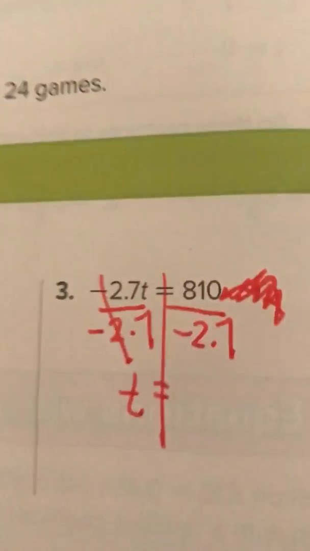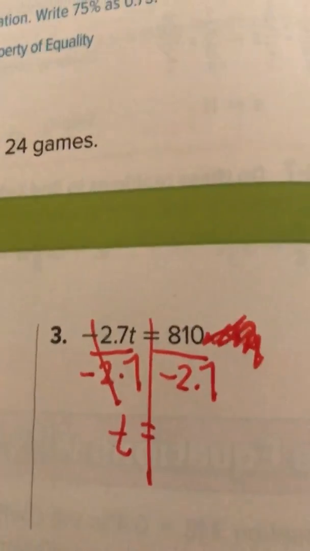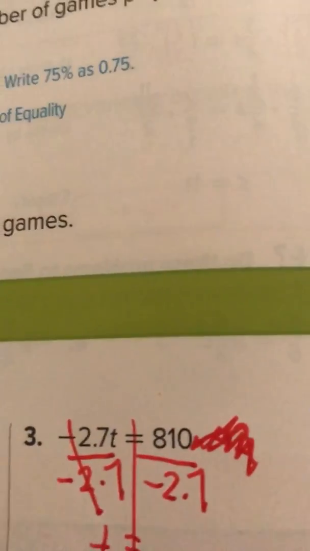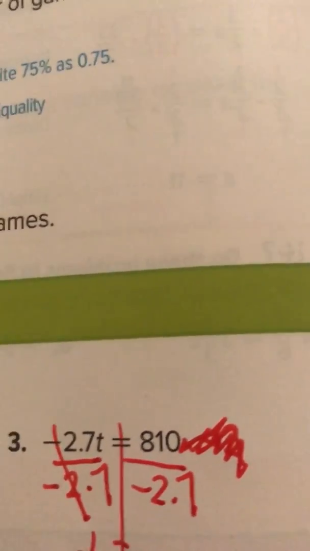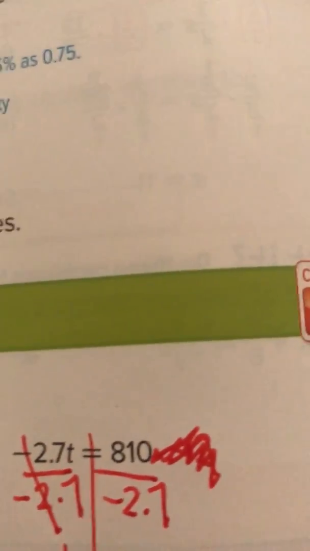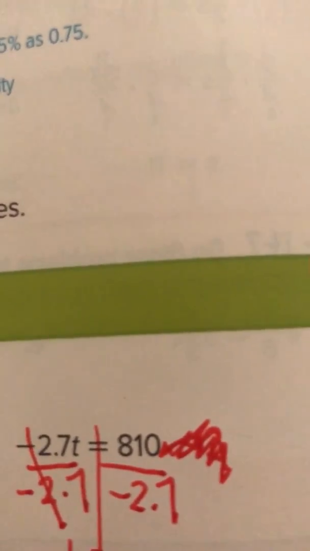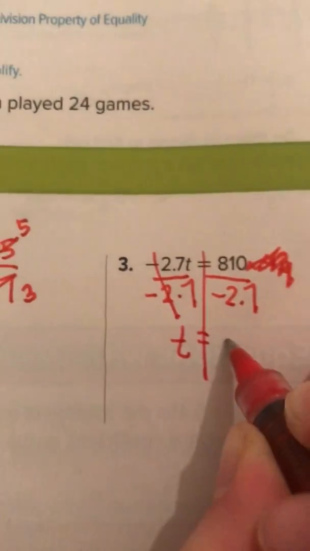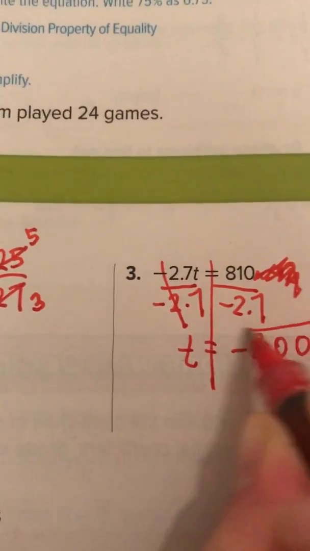So when I do 810 divided by negative 2.7, I am going to get negative 300. So this one, when I put it in the calculator, will give me negative 300.